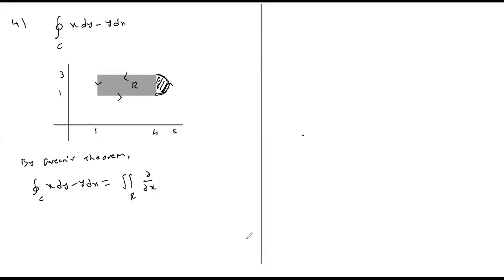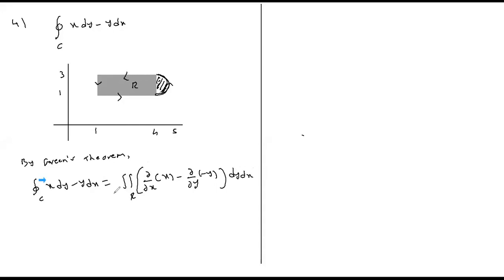X. Dou f2 by dou x. F2 is the coefficient of dy. Coefficient of dy is x. So always remember coefficient of dx is f1, coefficient of dy is f2. Therefore, I have to take it as x. So dou f2 by dou x means 1 minus dou f1 by dou y. First component is minus y, so that is minus 1. So dy dx.